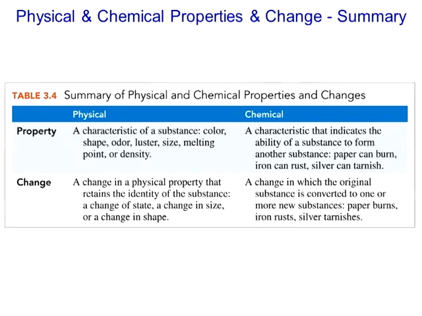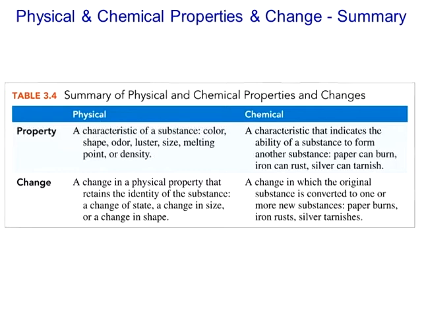Let's take a look at this table, a summary of physical and chemical properties and changes. So let's take a look at a physical property. Here's the example: a characteristic of a substance such as color, shape, odor, luster, size, melting point, or density. These are all physical properties.